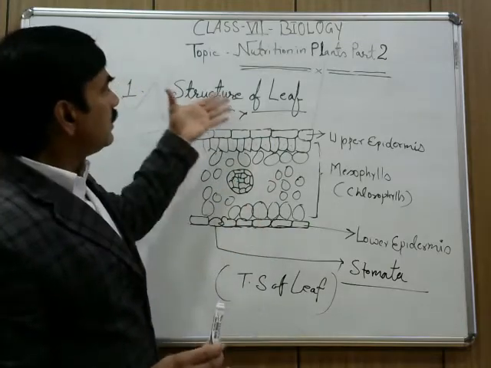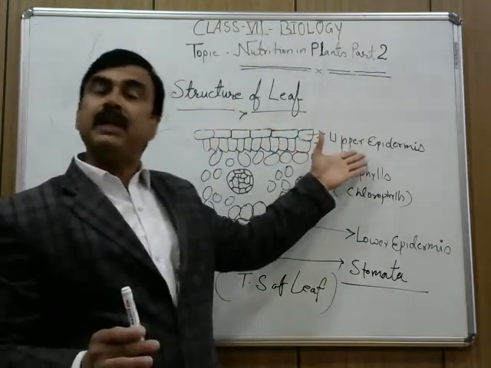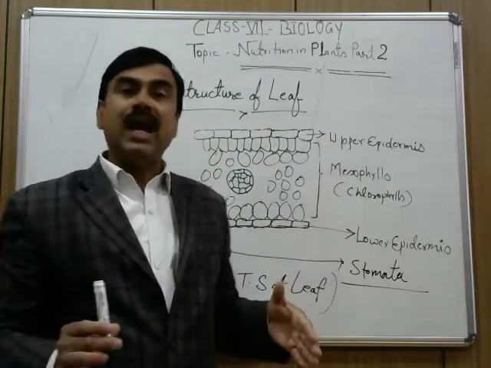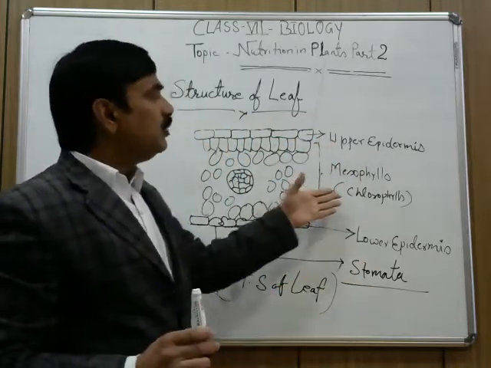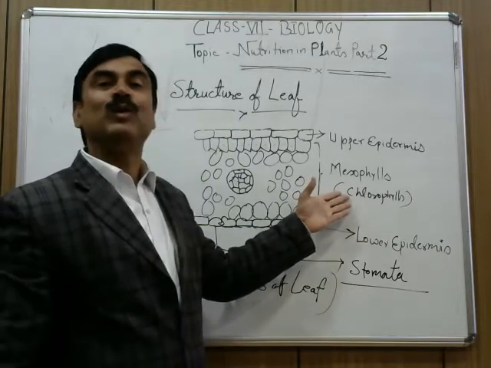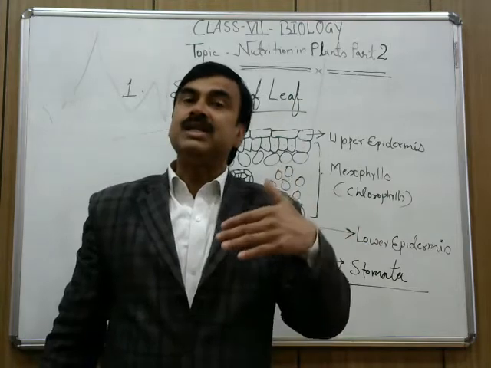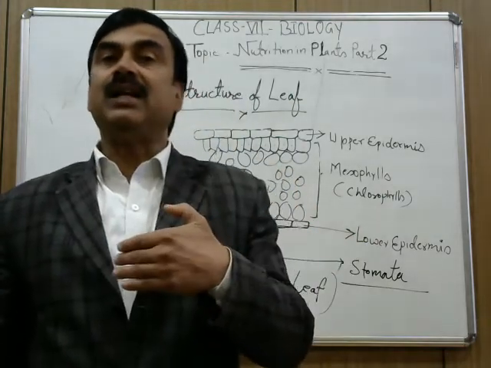So in the structure of leaf, you must remember upper epidermis, lower epidermis, and the mesophyll, which contains the chlorophyll, the chloroplast, which is absorbing the sunlight.